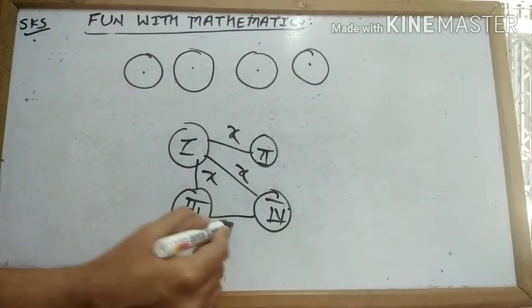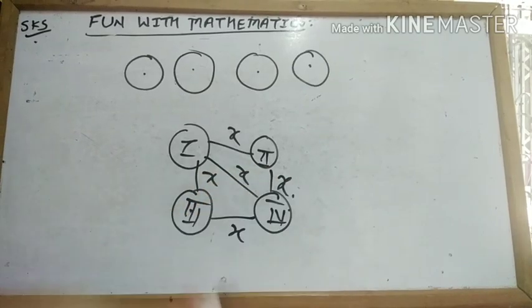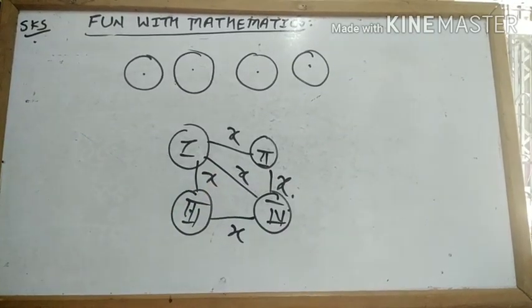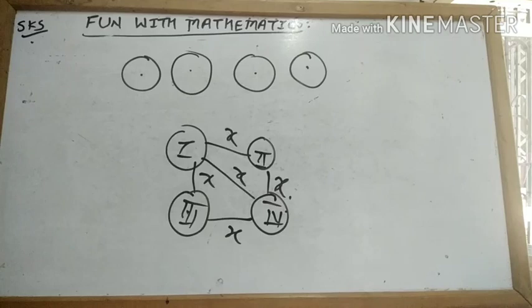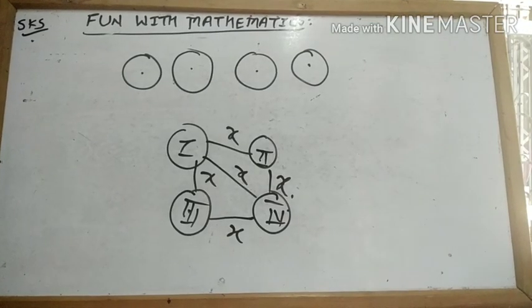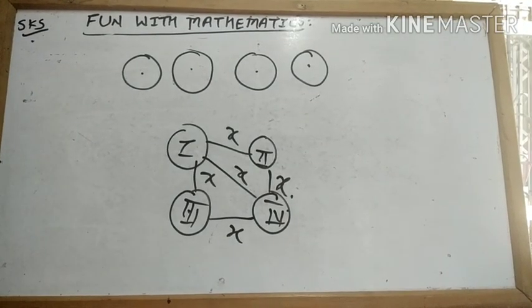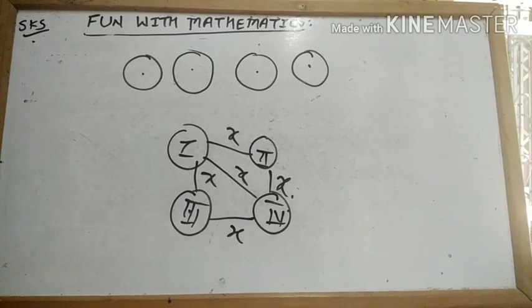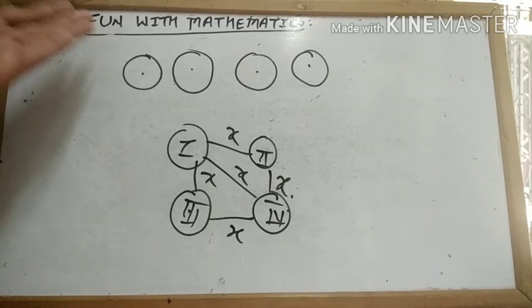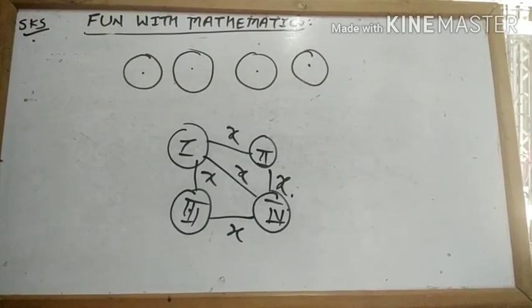In the same way, this also should be x, this also should be x. Likewise, the distance of each coin from the other 3 coins should be the same. And how will you arrange that? You have to find it out, and of course its answer will be given to you in the series Fun with Mathematics Part 2. We are ending today's Fun with Mathematics Part 1.